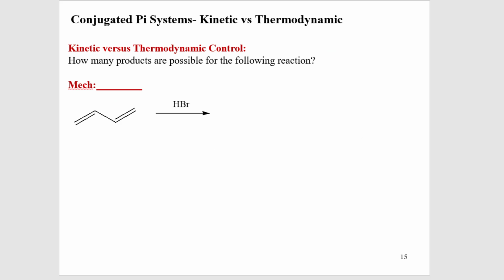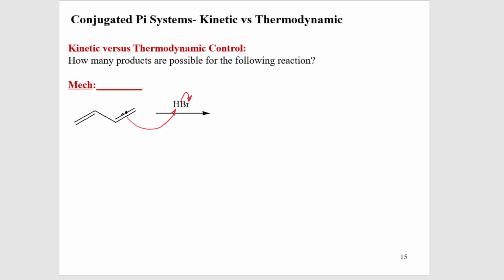Okay, I want to go back now to the kinetic versus thermodynamic control that I hinted at in a previous slide. Let's reevaluate a reaction that we saw in the alkene chapter. We could take an alkene and react it with a strong acid.